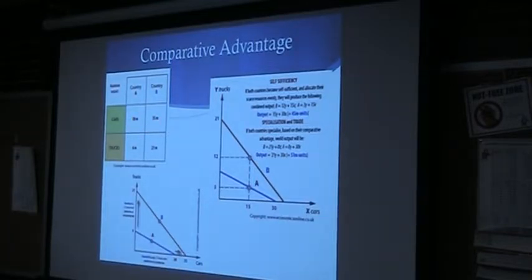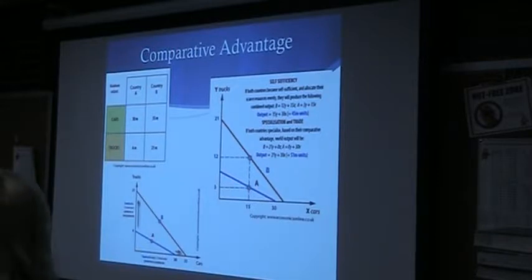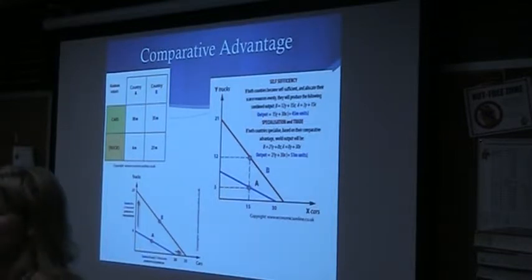The point is, in the long run, there's more made of both. And then if you trade, everybody's better off. I will post this PowerPoint if you want to look more specifically at the graphs, but that's the point of international trade, all right? That you specialize and everybody gets more in the end.